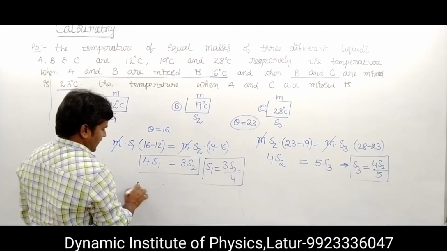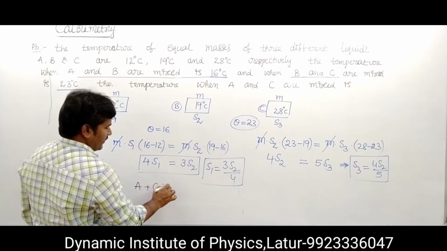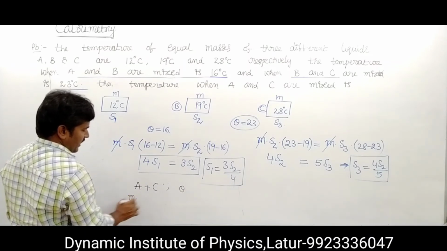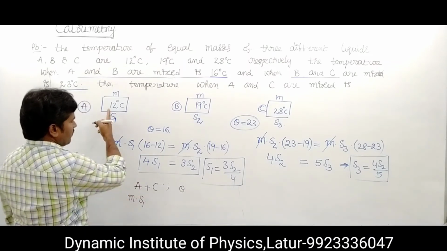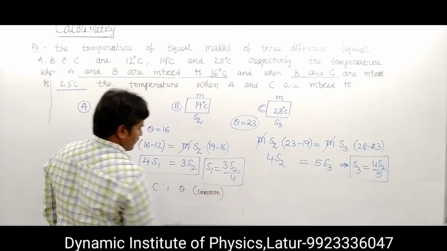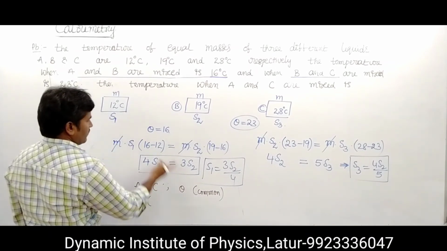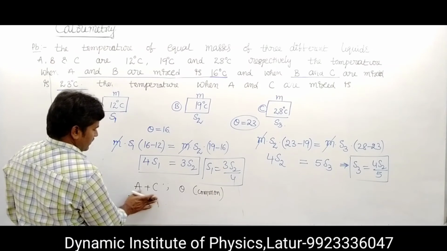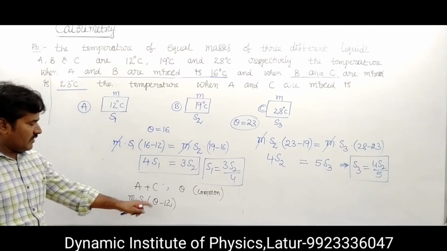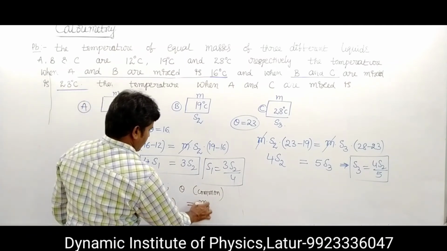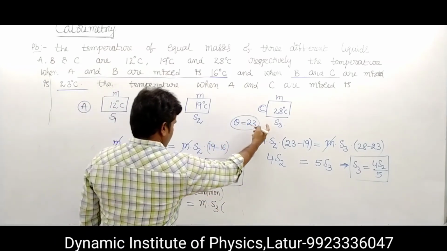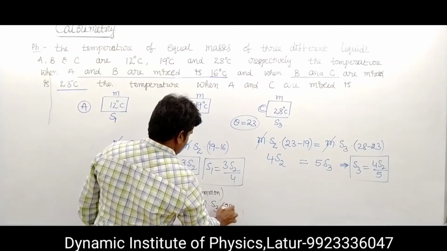Let the common temperature be theta. For the cold body, M into S1 into (theta minus 12) equals M into S3 into (28 minus theta).